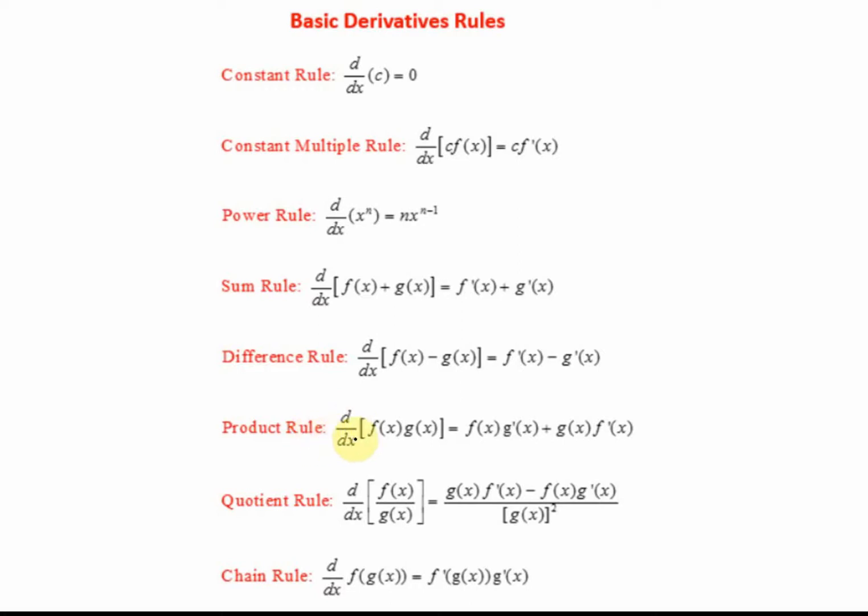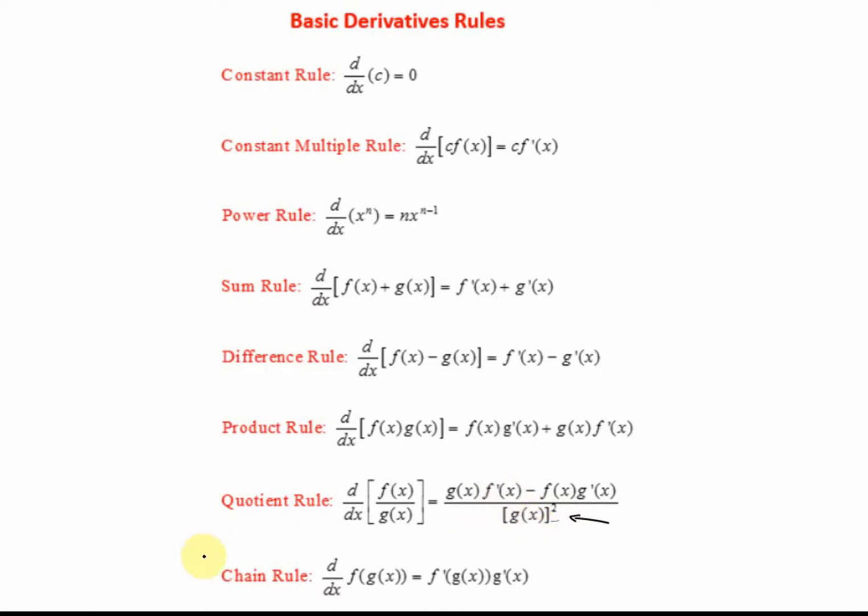And then the product rule: if two functions are multiplied, then you take the derivative of the second one plus the second one times the first derivative of your first term. And this is the quotient rule. If one function is divided by a second function, then this one is a little bit unique. So the function on the bottom is squared, and everything is divided by that term.